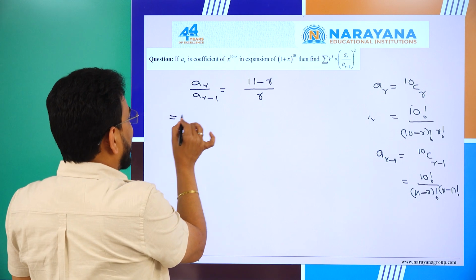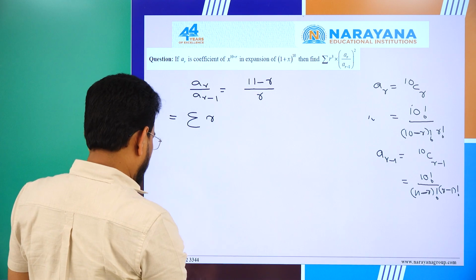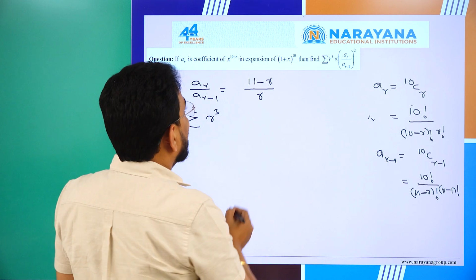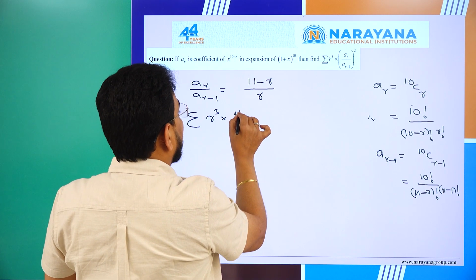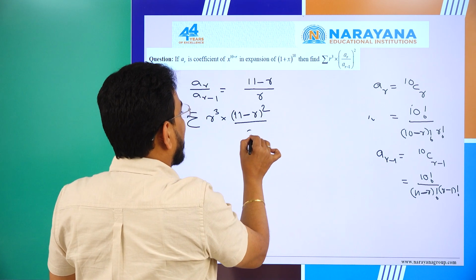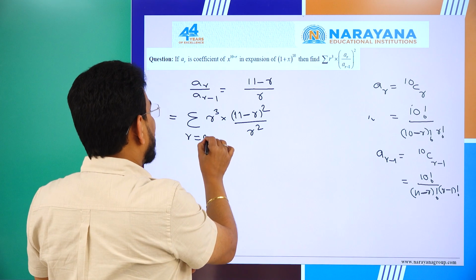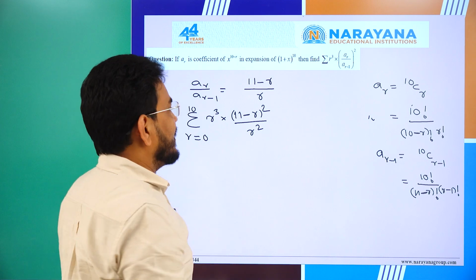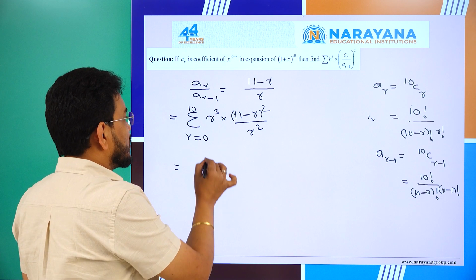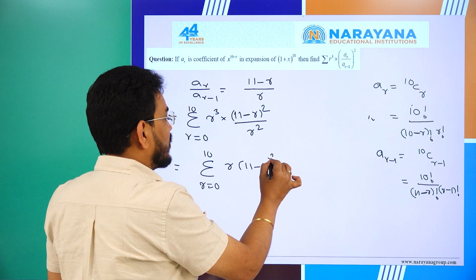So the answer required thing is summation r cube, okay, into 11 minus r whole square by r square, where r is equal to 0 to, you can go up to 10. So this is equals to summation r is equal 0 to 10 r into 11 minus r whole square.